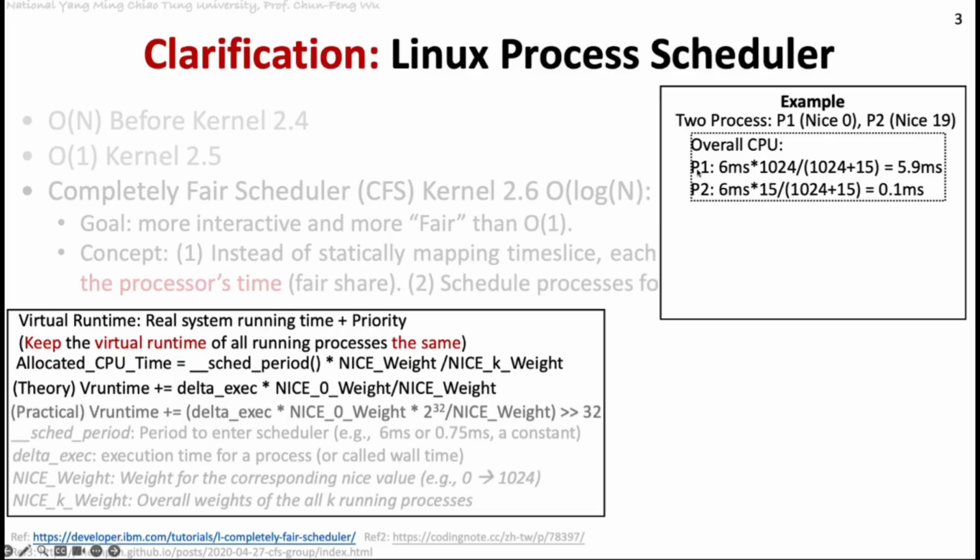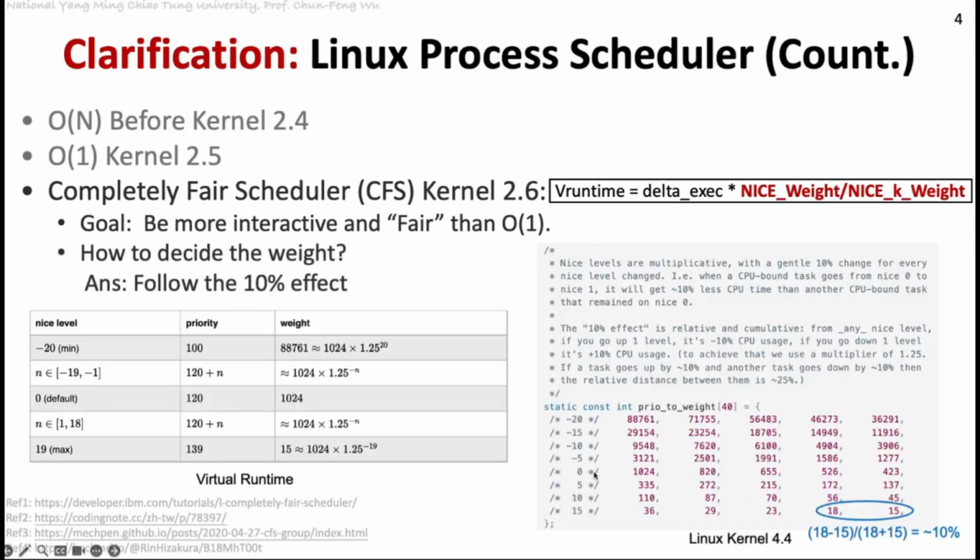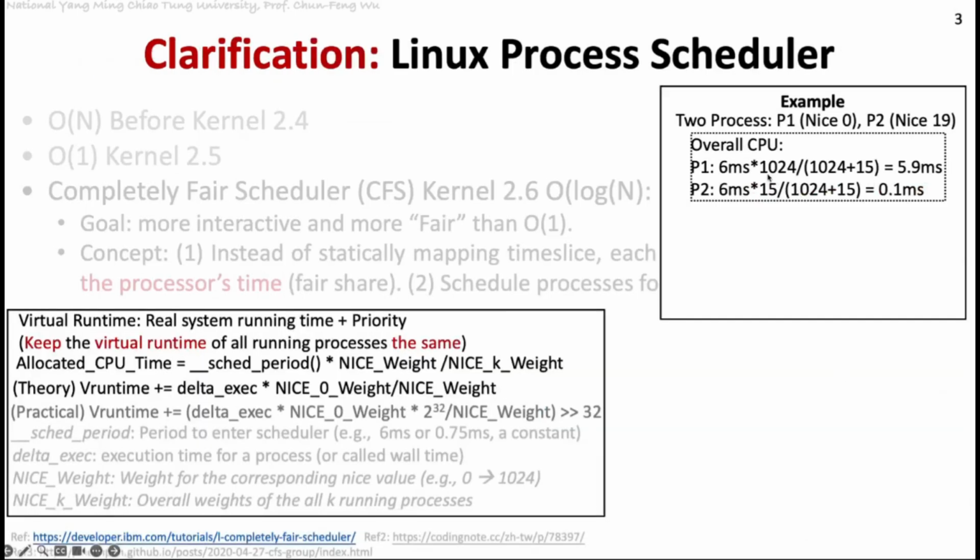If P1 and P2 can overall have 6 milliseconds, for example, then we do 6 milliseconds times 1024 over 1024 plus 15, because process 1's nice value 0 maps to a weight of 1024, and 19 maps to a weight of 15.